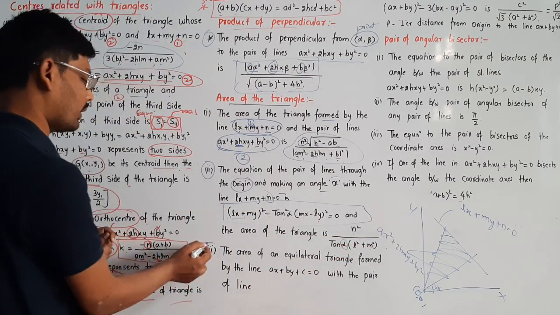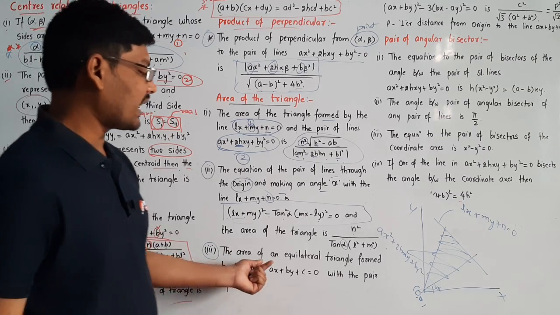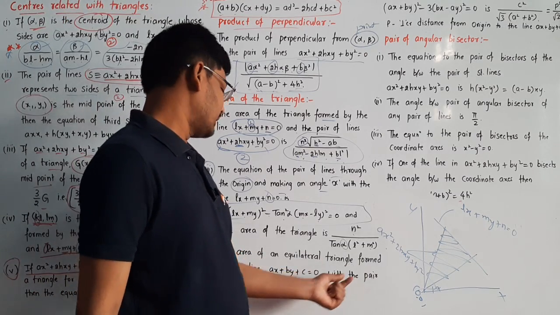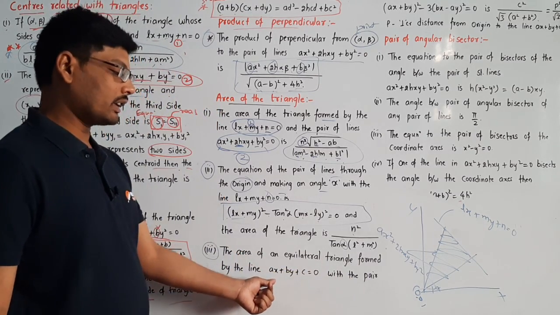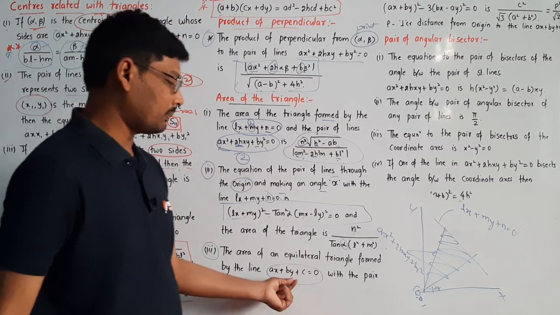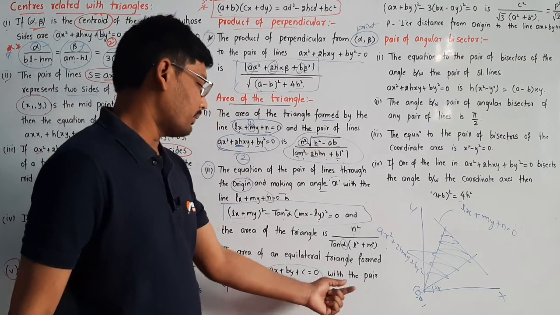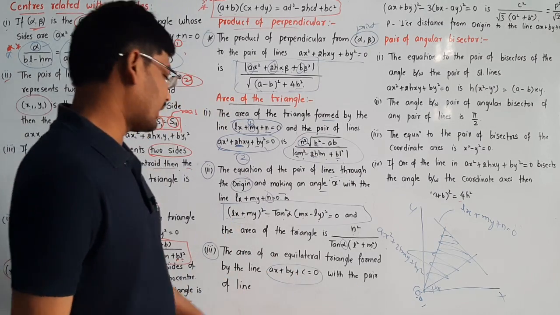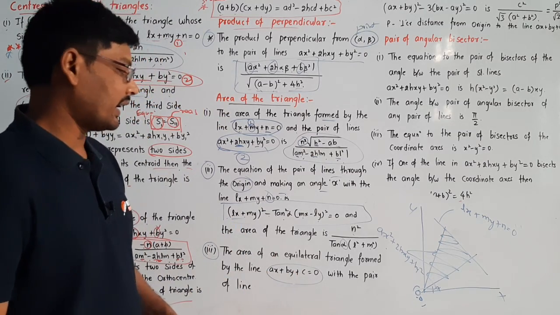The next, third point is the area of an equilateral triangle formed by the line ax plus by plus c is equal to 0 with a pair of straight lines.